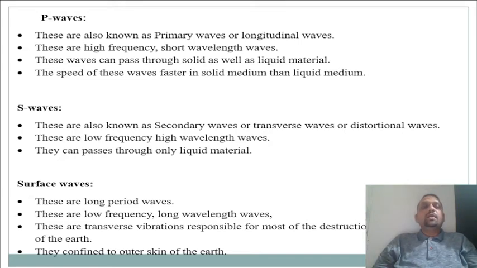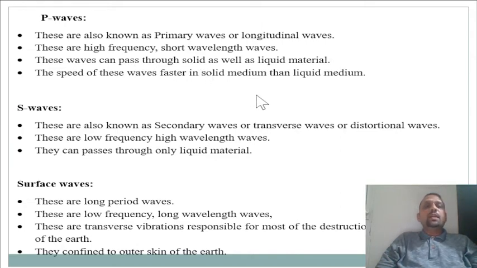All these types of waves are earthquake waves. Initially, the primary waves are detected by the seismic machine, then the secondary waves, and after that the surface waves, which we feel on the surface of the Earth due to the tremors of the earthquake. P waves, the primary waves, are high frequency and short wavelength waves.